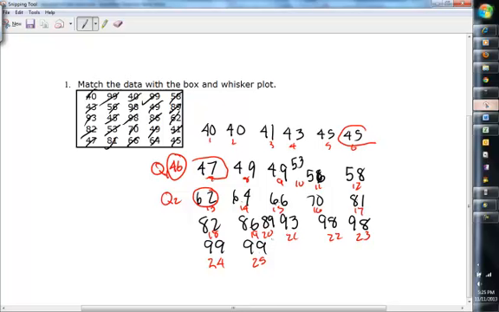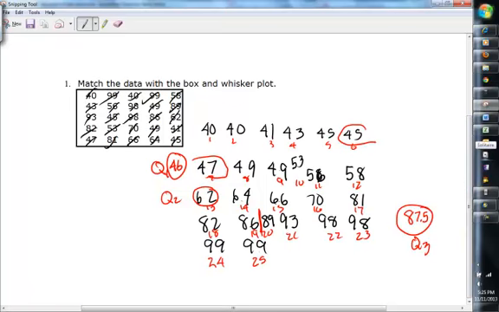And then Q3 is halfway between, in the top half here, 1, 2, 3, 4, 5, 6. It's halfway between 86 and 89, which is 87.5. Q3 is 87.5. Now we can make our box and whisker plot. All right, I'm going to switch to a blue pen.